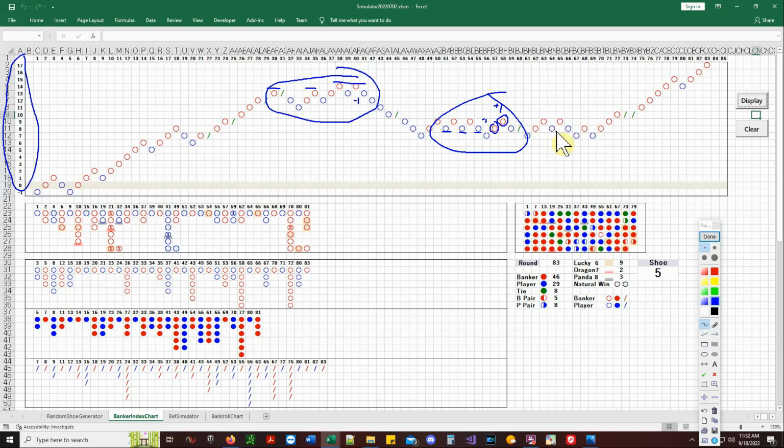This is not a hook play right here because support has not been established. Now support is established. Okay? That is not a hook play.